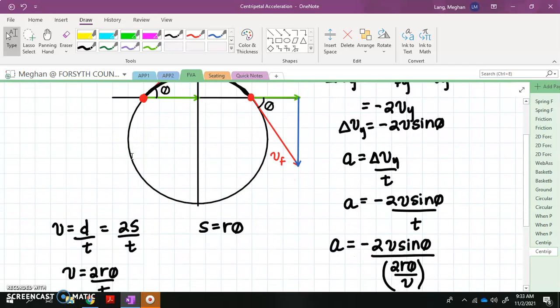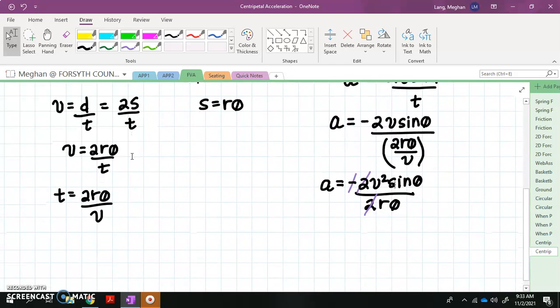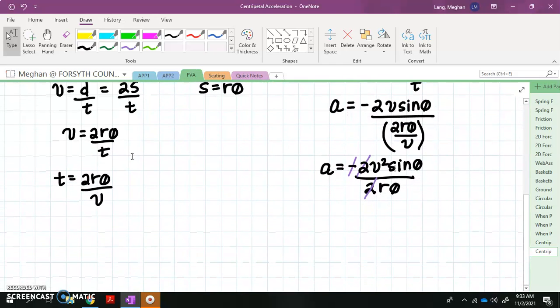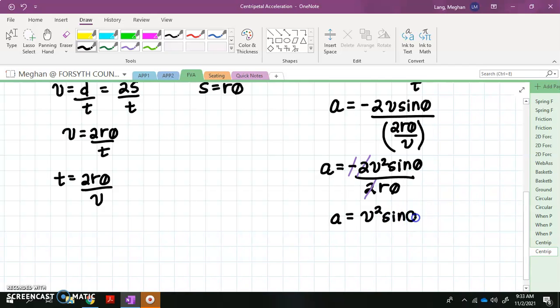So any spot around the circle. So I'm just going to drop that negative because that is the piece that's specific to just the one part that I'm looking at for this derivation. So that leaves me with acceleration being equal to v squared sine theta over r theta.